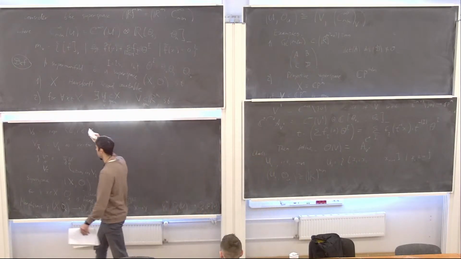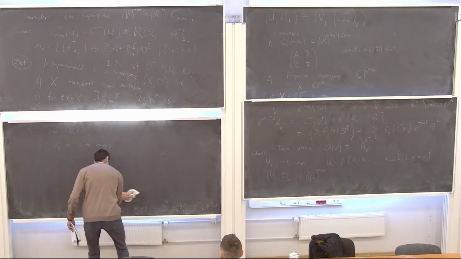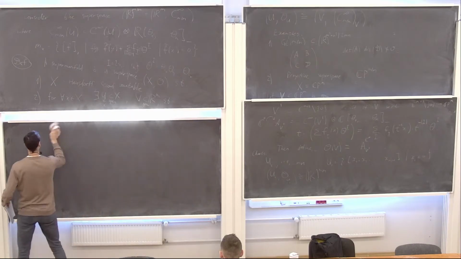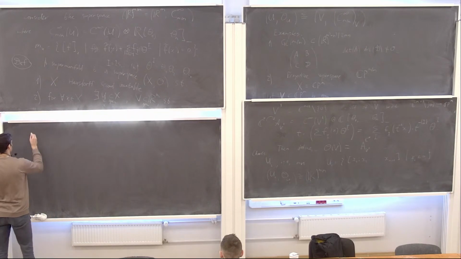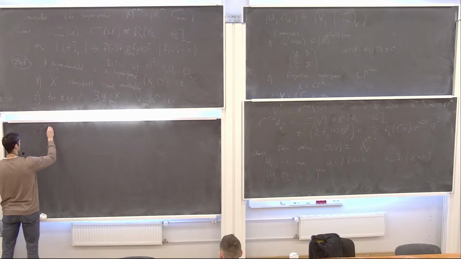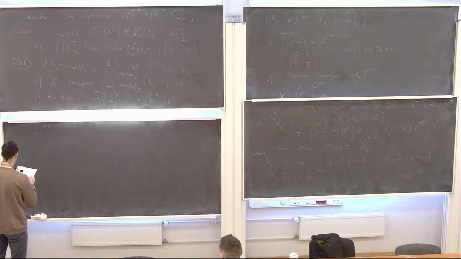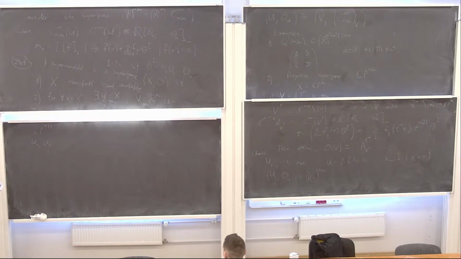So let me consider CP^{1|1}, just to simplify life a little bit. I have U_1 and U_2 in this case, the underlying topological spaces for my charts.